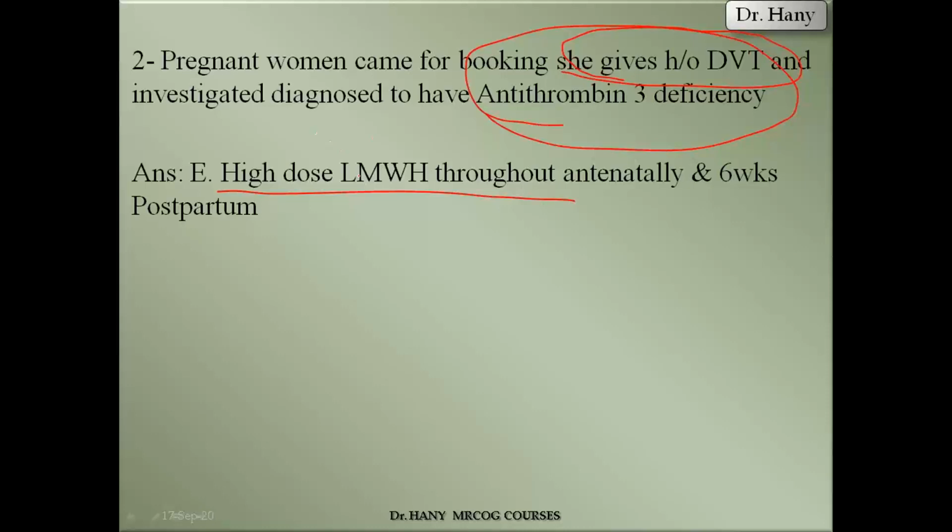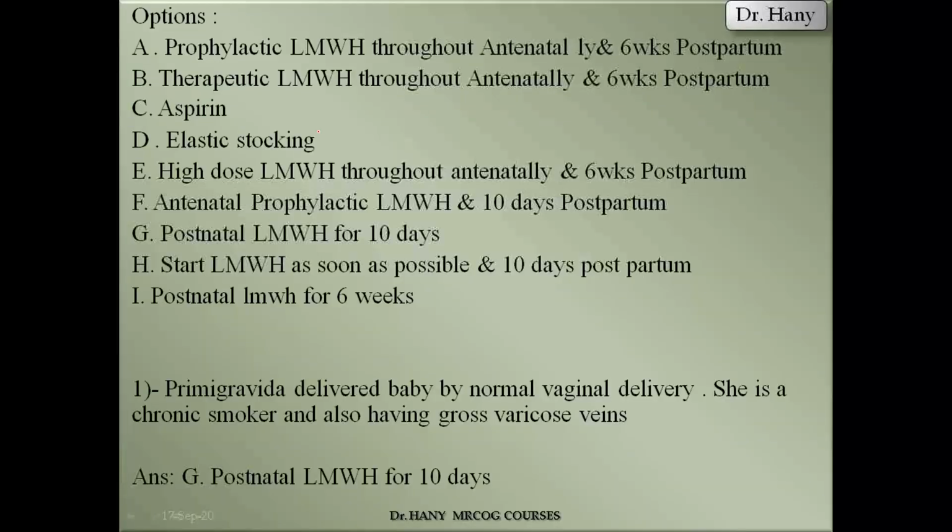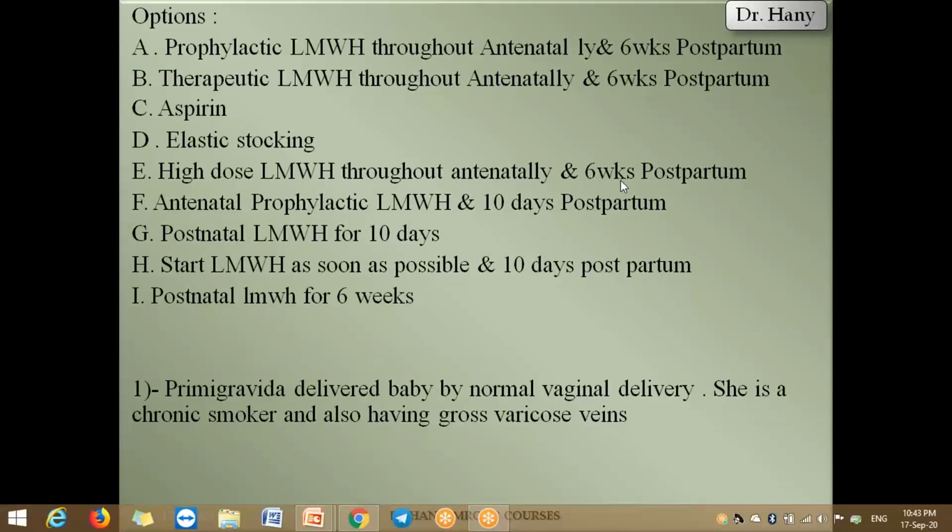Postpartum also high dose, not prophylactic. High dose, no prophylaxis here. The high dose will be 50% or 75% of the therapeutic dose, or the therapeutic dose itself. This is called the high dose.